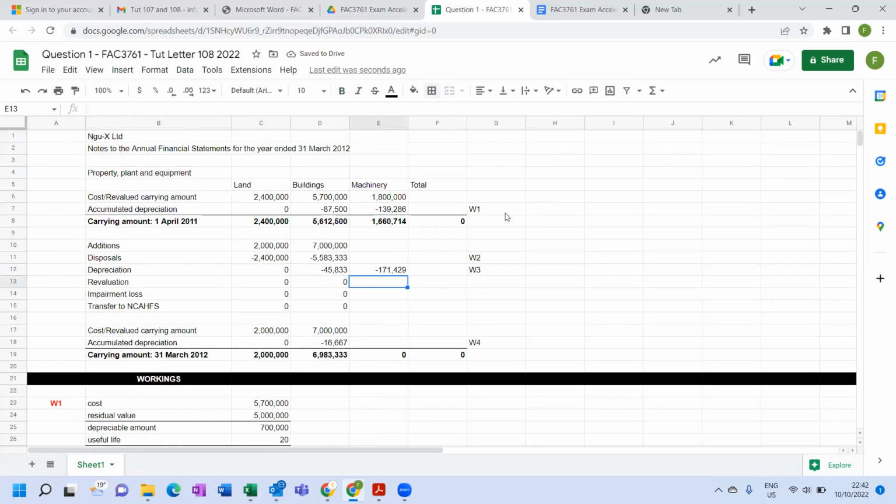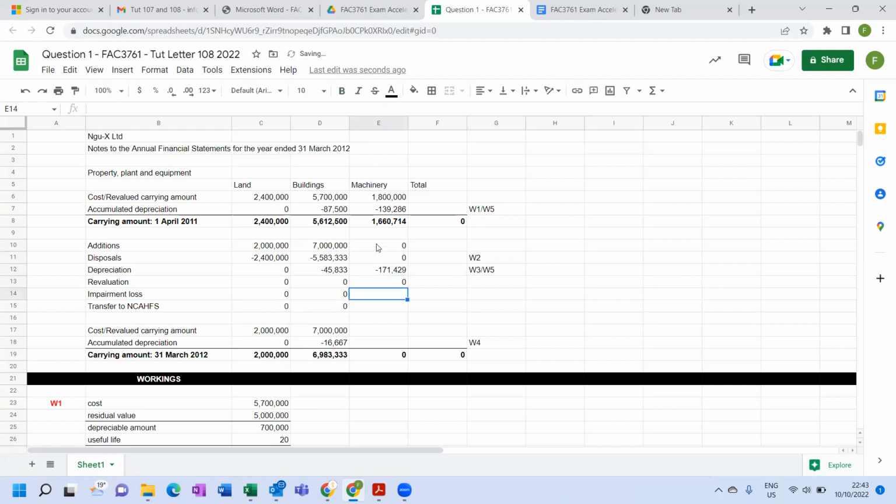Now I just want to put in the workings here, just in case I got it wrong. So working 5, and over there it is working 5. There were no additions. We can't call it a disposal because it was not disposed. It is only transferred from PPE to non-current assets. We have depreciation, and there is no revaluation.